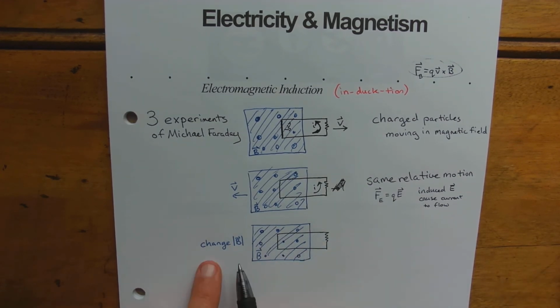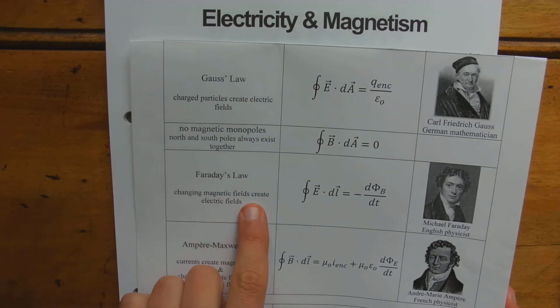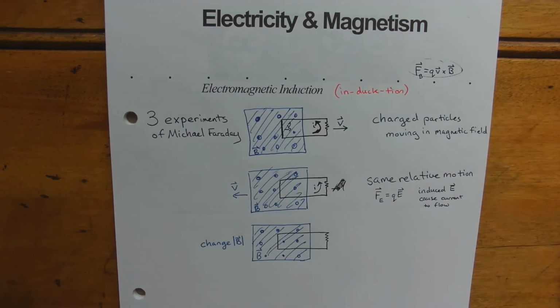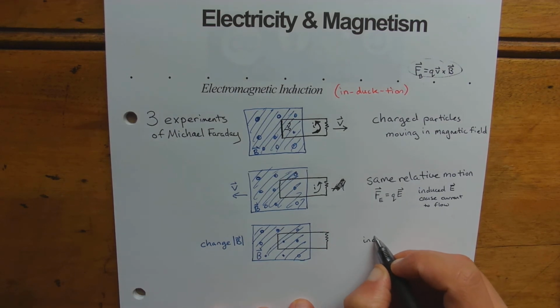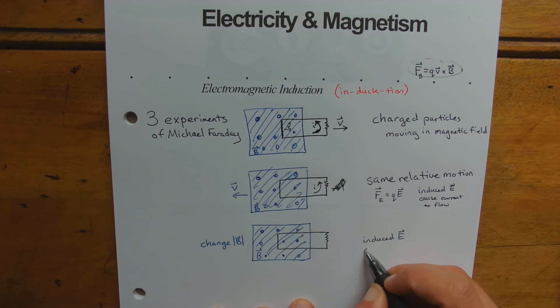If you change the current, that changes the strength of the magnetic field. So you could also change the strength of the magnetic field, and that would be a changing magnetic field. So you should have an electric field induced in this case also, which should again cause the current to flow.